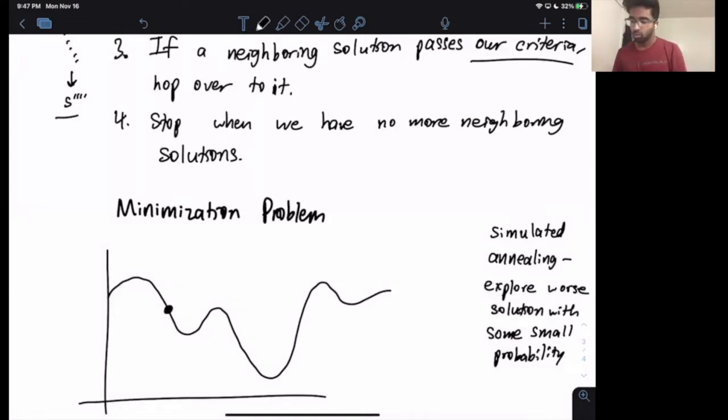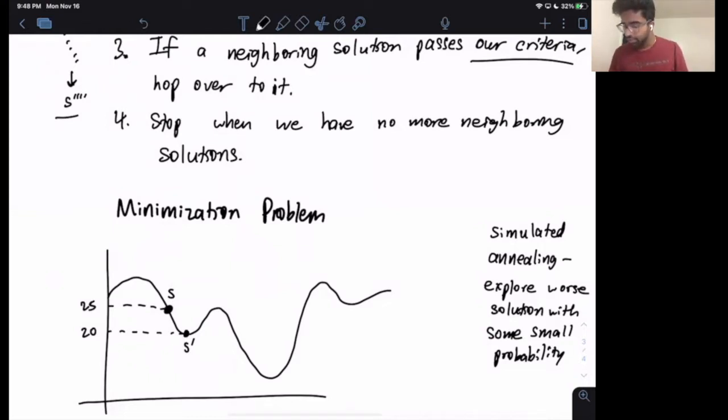And one possible neighbor that we get to is, let's say, over here, right? And we say, okay, let's say this has a cost of 25, and let's say this has a cost of 20, right? So we start off with this solution and we check the neighboring solution S prime, and we see, hey, it has a lower cost, S prime is equal to 20, therefore we move to it, right?